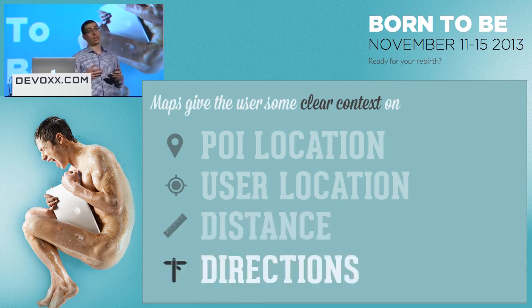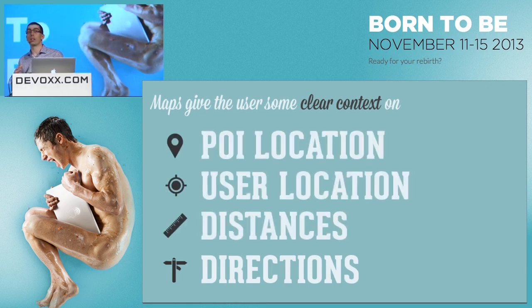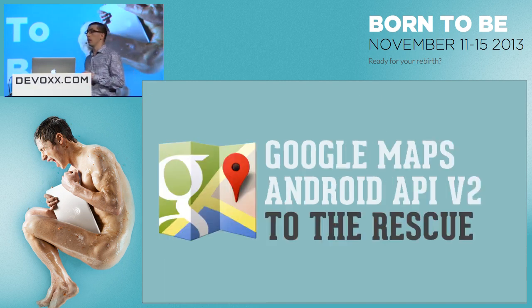And finally, you can also have a context of directions. And all of that is why Maps views and maps in applications are awesome. And this is where Google Maps Android API version 2 comes to the rescue, because it helps you integrate Google Maps directly inside the Android application.